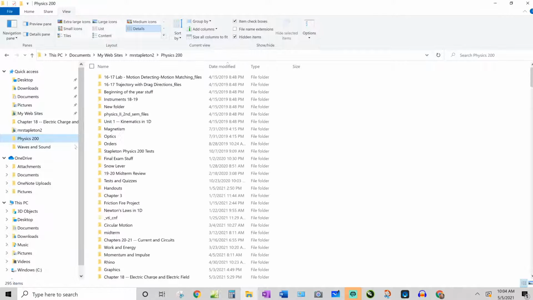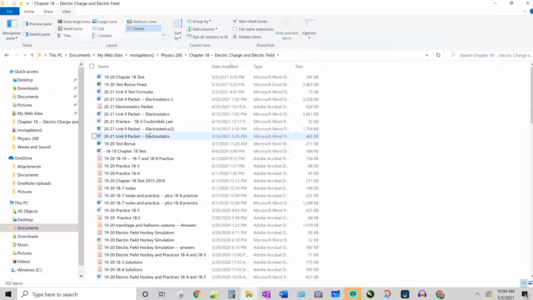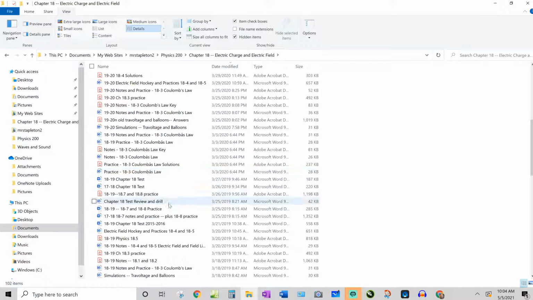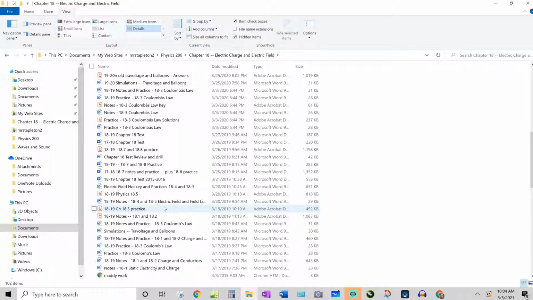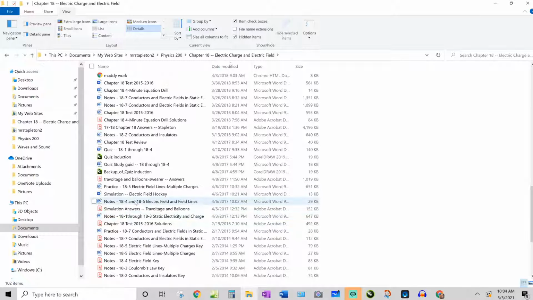Physics 200. We're in chapter 18. You can see I'm not very organized. So this is all new stuff. But if I go back, I was just looking at this the other day, maybe 2017 or so.